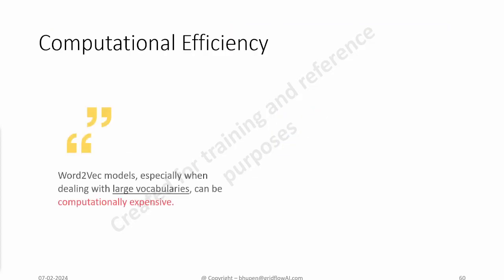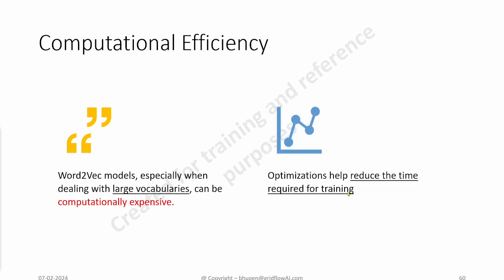So computational efficiency is important, especially when we talk about large vocabularies. The optimization methods that we are going to look into help reduce the time required to train the Word2Vec model, namely hierarchical softmax and negative sampling.